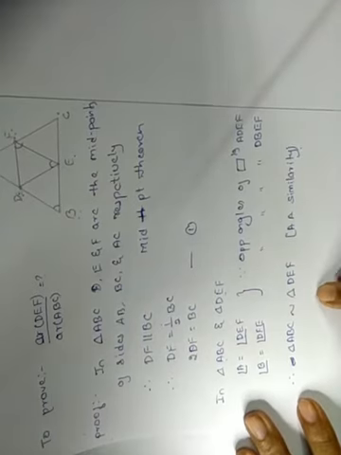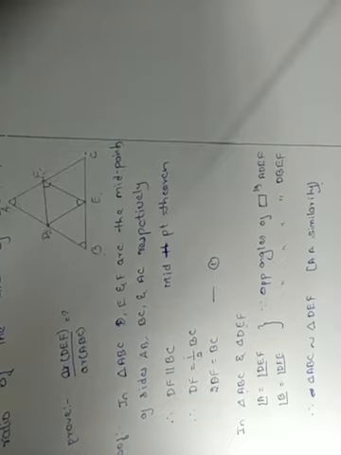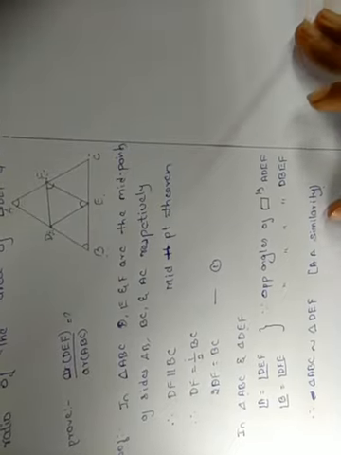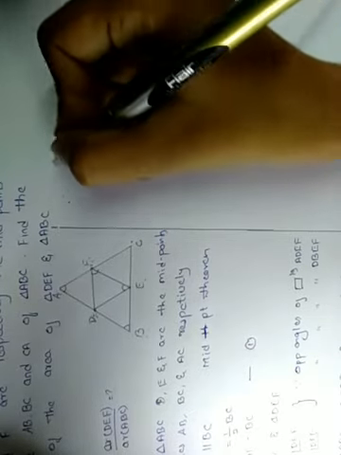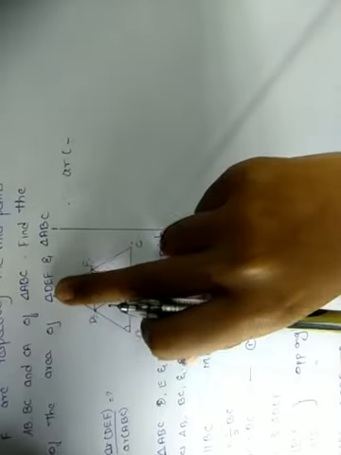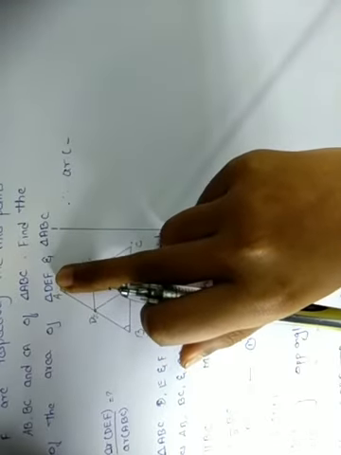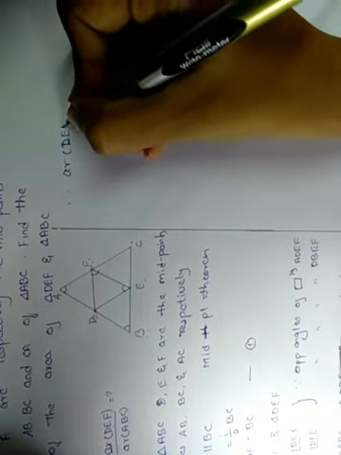Right? If these two triangles are similar, then according to the areas of similar triangles theorem, the ratio of the areas equals the ratio of the squares of the corresponding sides. So we'll write it here. Area of triangle, which triangle do we have to write first? The first triangle they have given here is DEF, right? So at the numerator place, area of triangle DEF.